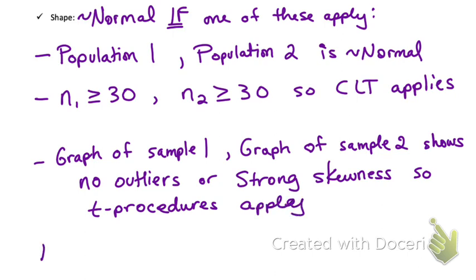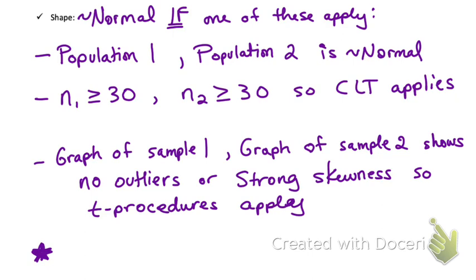Here is how this works. It can be any combination of these. Here's what I mean. When you read the problem, maybe it tells you that population 1 is approximately normal, but population 2 is right skewed. So that qualifies population 1, and we're halfway to an approximately normal combined distribution.